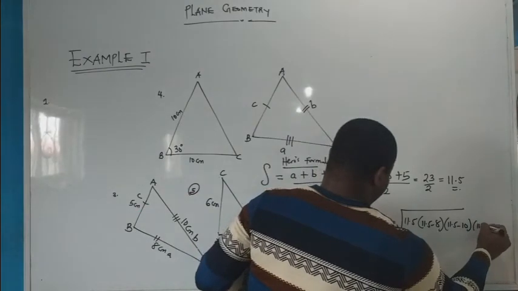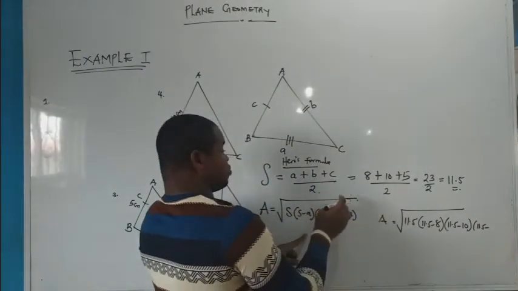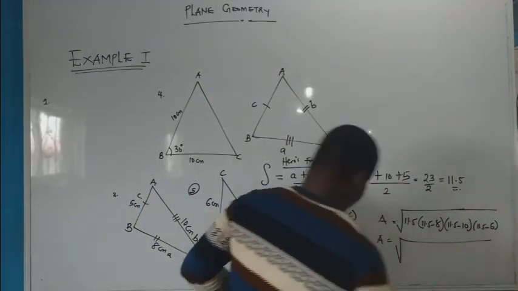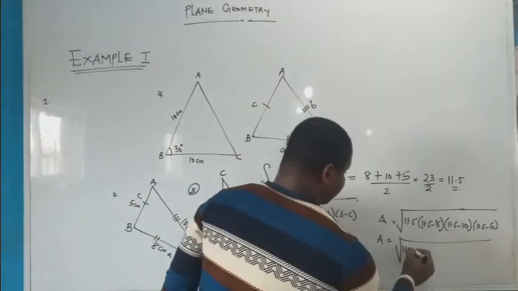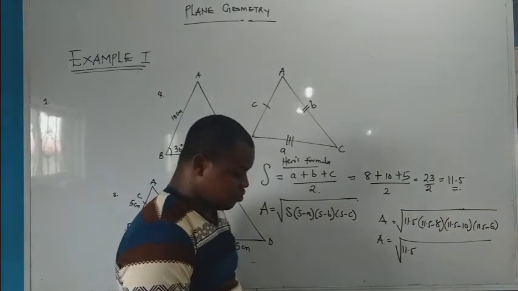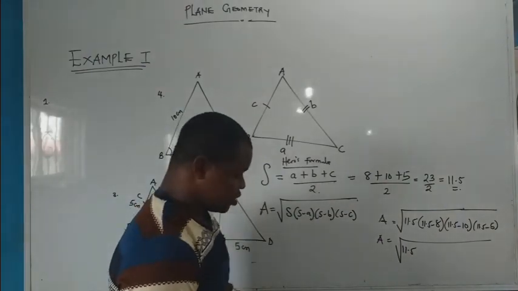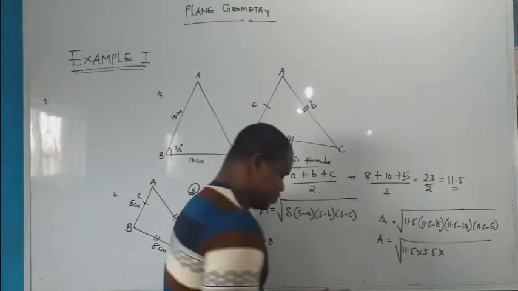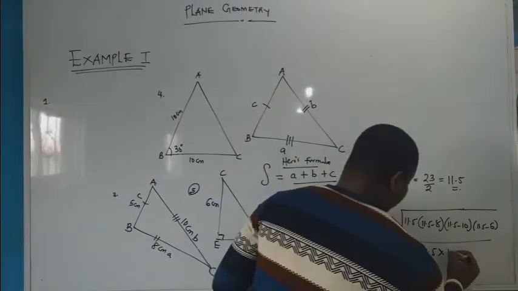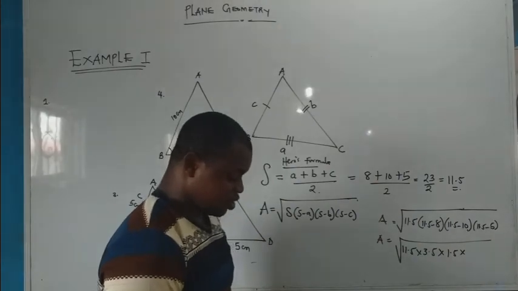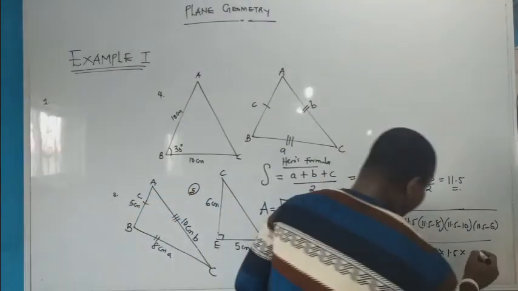And 11.5 minus c, which is 5. So A is equal to the square root of 11.5, then you use your calculator. 11.5 minus 8 gives you 3.5. 11.5 minus 10 gives 1.5. 11.5 minus 5 gives you 6.5.